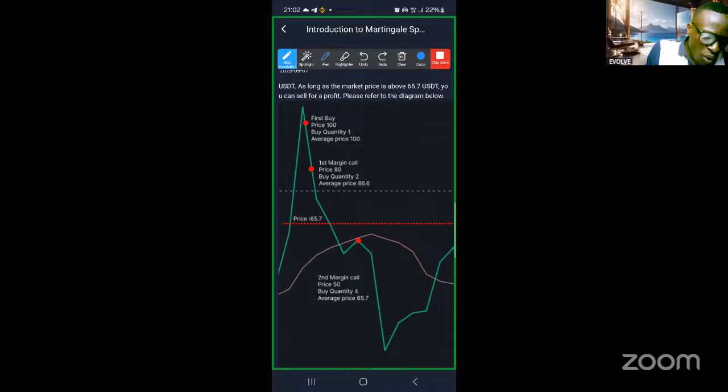Because now we are seeing that the market price is down here. This coin is trading at $50. You were here and the market came down here at $50.